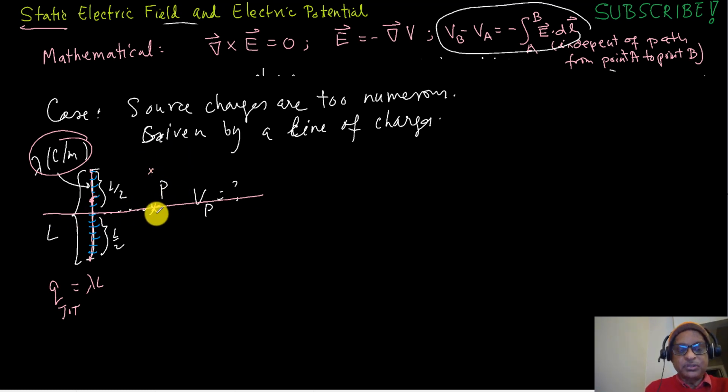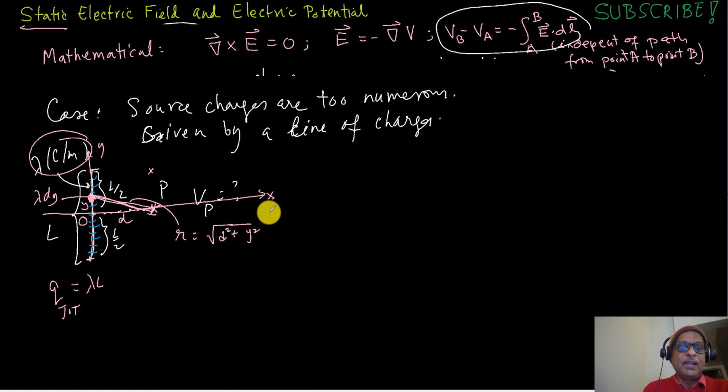But suppose you do it like that, some distance D from the center, and let's call this the x-axis and this the y-axis. Then this little dy will have charge lambda dy over here, and this distance R will be the square root of d squared plus y squared.